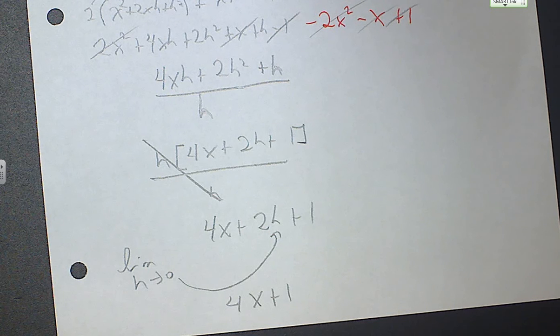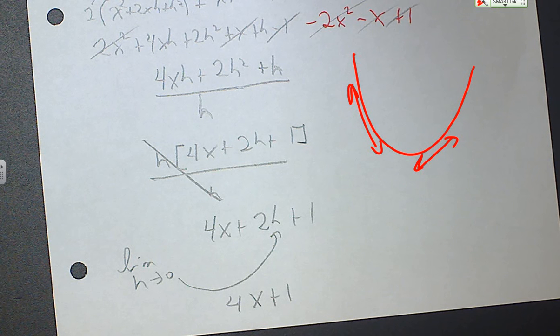Who remembers what this means to me? It's just an equation. How is it useful? Remember, in calculus we're talking about the slope of a curve. The slope of a curve changes depending on where on the curve you are. The slope here is very different than the slope there. This equation tells me the slope at any point on the curve.